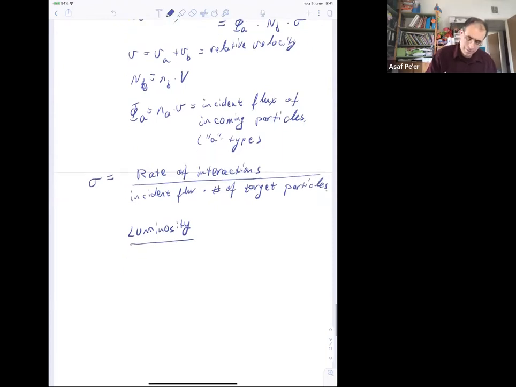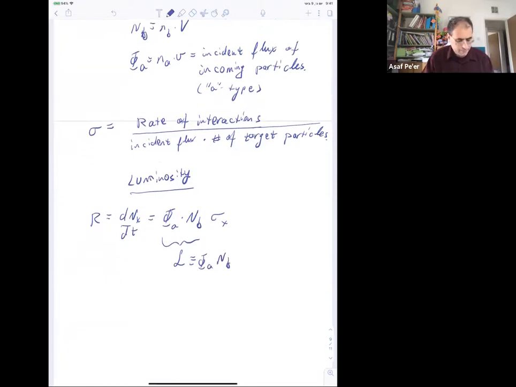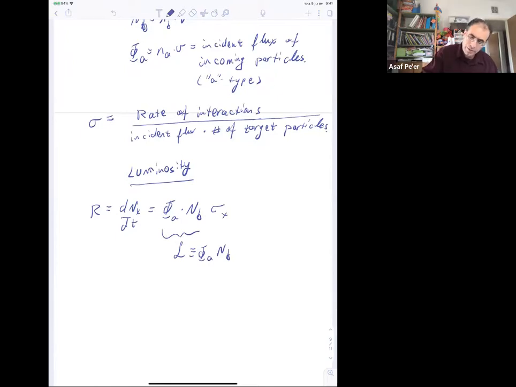So the rate dN_x over dt is just the flux phi_A times the total number of target particles N_B times sigma_x. So phi_A times N_B is the luminosity. This is the definition of the luminosity.